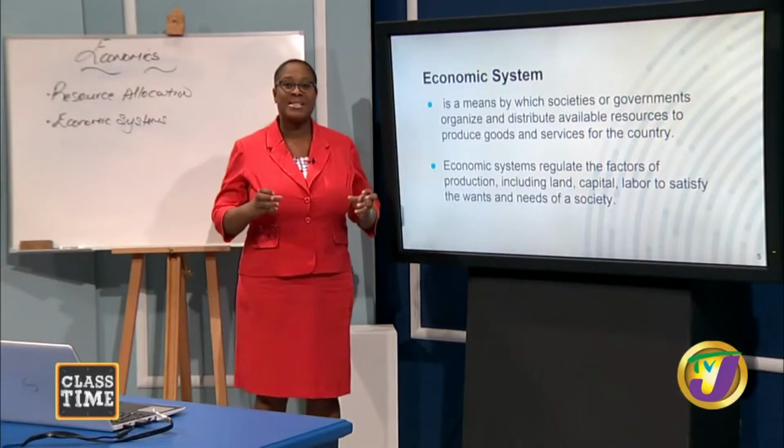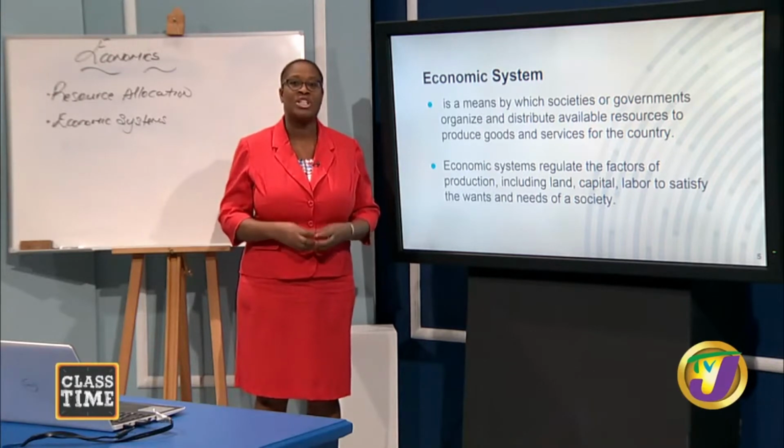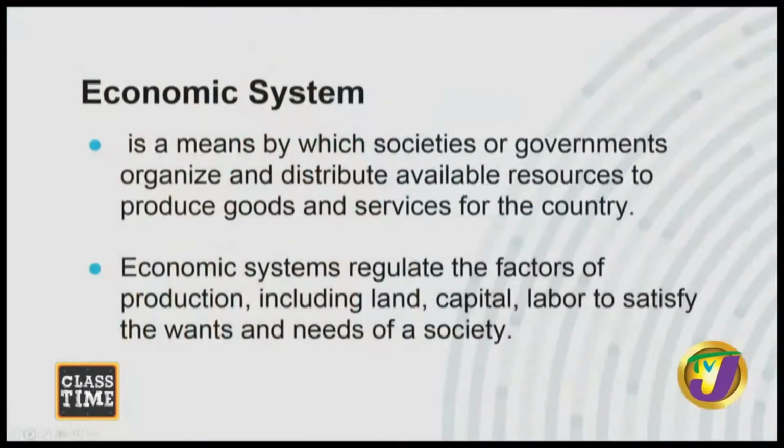Now, an economic system, by way of definition, is really looking at the means by which the society or the government is going to organize and distribute the available resources to produce goods and services for the country.